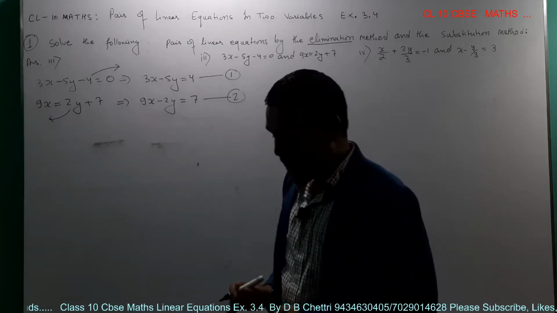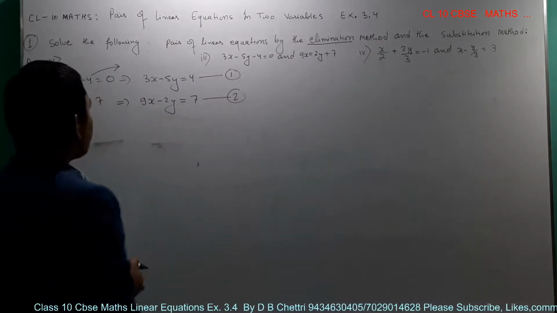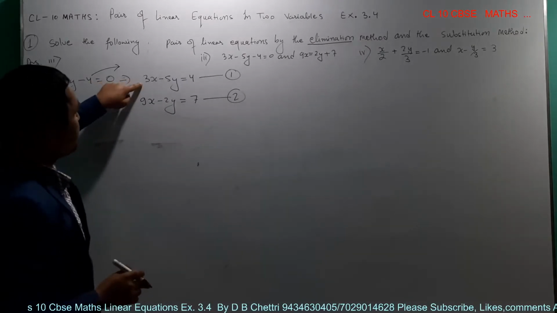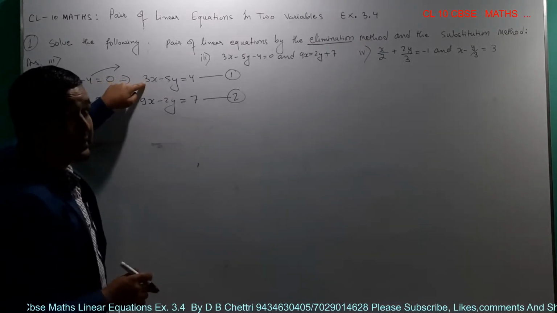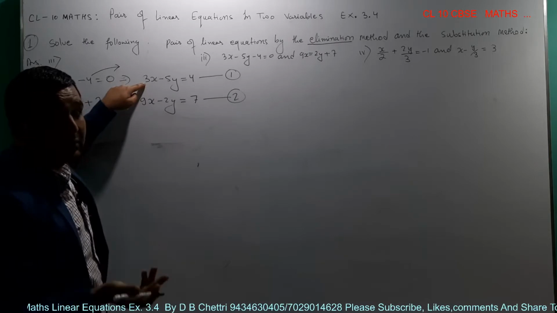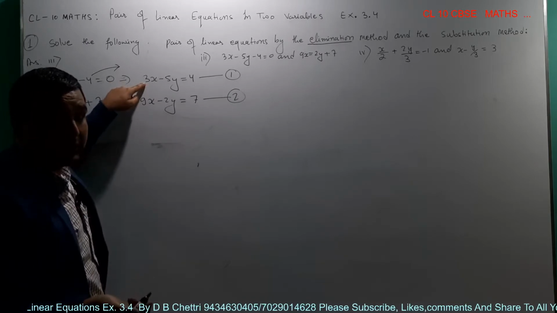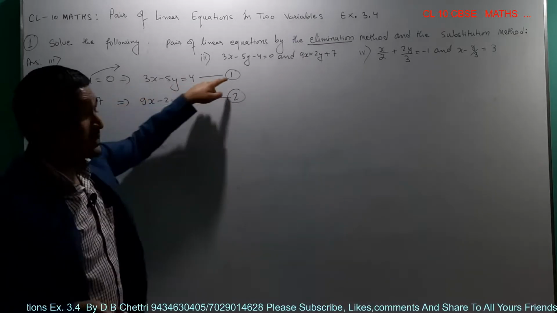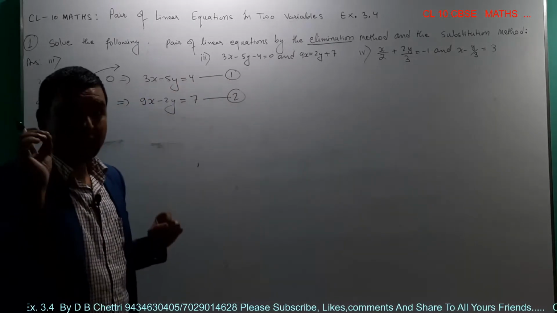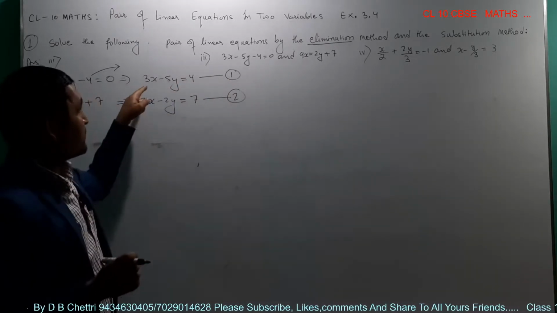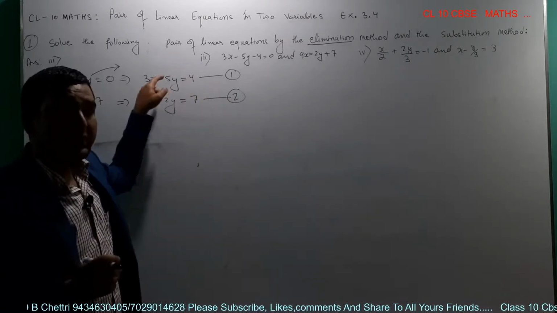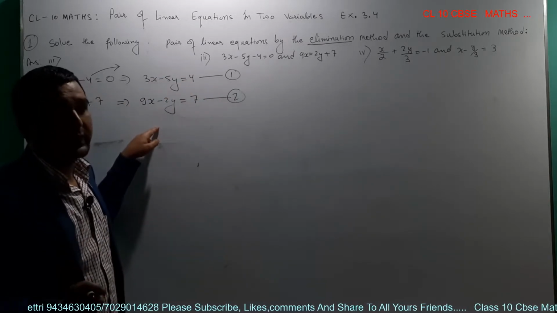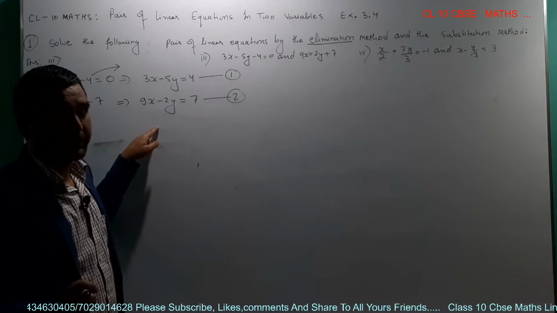Okay, now how to do it? Let's make this 3 into 9 by multiplying by 3. We are not going to exchange the coefficients. We are simply taking the factor 3 and multiplying equation 1 only to make the coefficient of x the same.